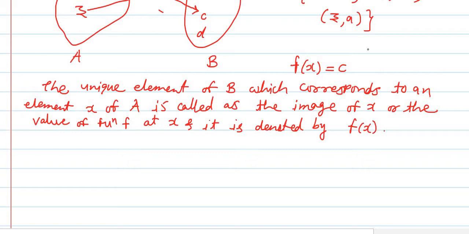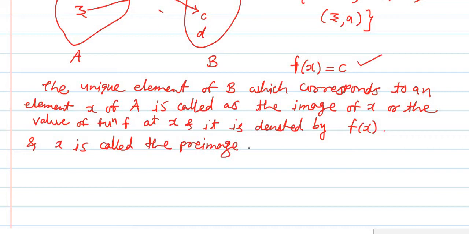As we have seen in this example, f(x) is equal to c. So it is denoted by f(x), and x is called the pre-image.